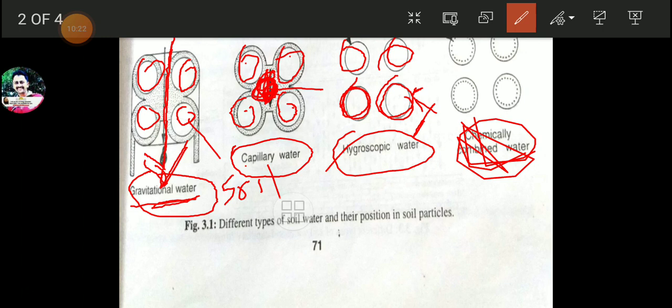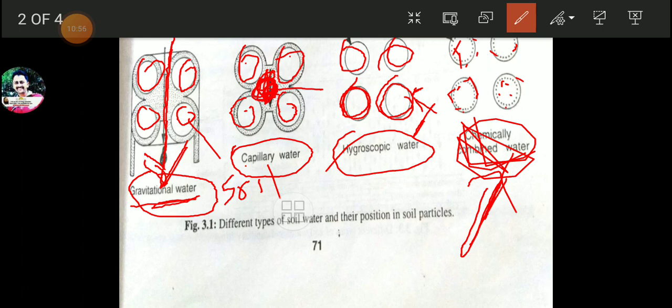The water which remains chemically bound to the soil particle is called crystalline water. Chemically bound to the soil. Here we can see the soil particle, and inside that one we can find the water molecules chemically bound to the soil particle, isn't it? So this is the chemically combined or crystalline type of water.